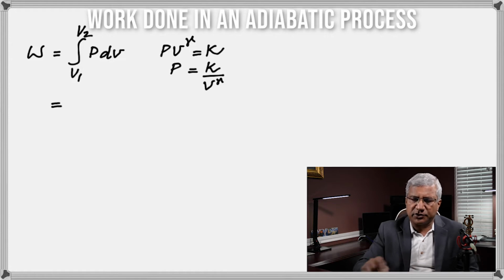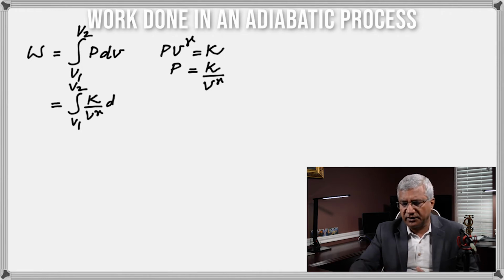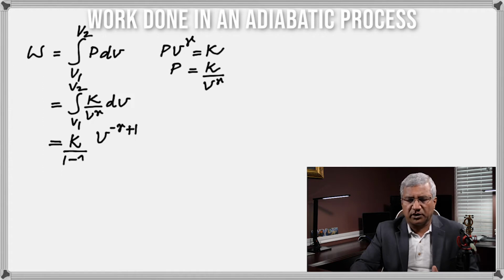That gives the integral from V1 to V2 of K by V raised to gamma dV. Then the constant is taken out, and integration of that gives V raised to minus gamma plus 1 by 1 minus gamma.